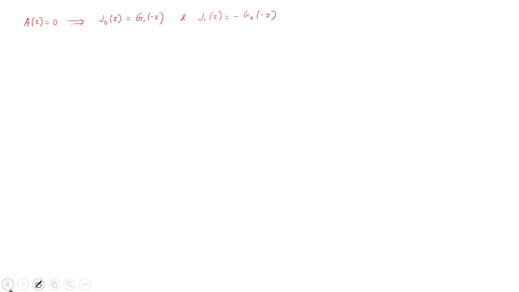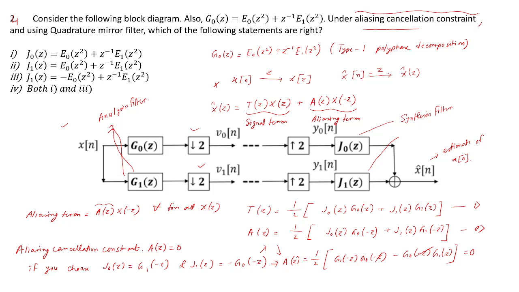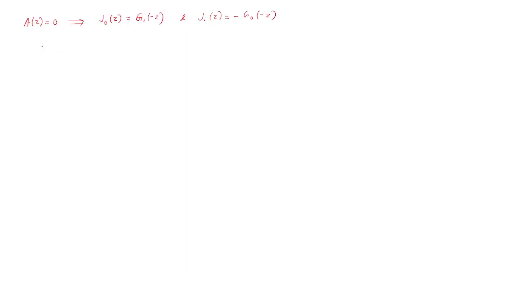And we have another property here, quadrature mirror filter, which we'll see in detail in the next problem. We'll just use a mathematical expression here. Okay, let us discuss here itself.